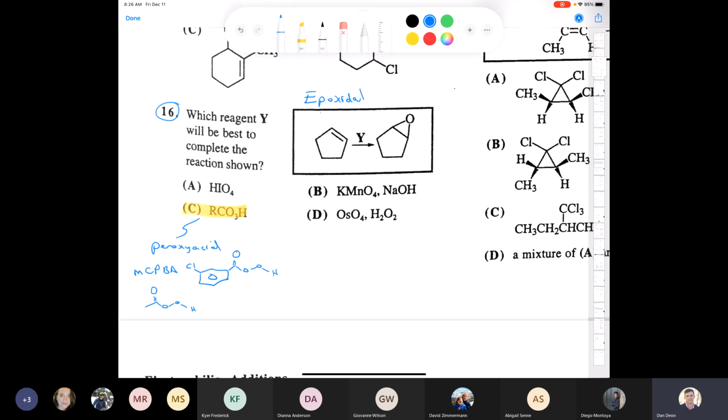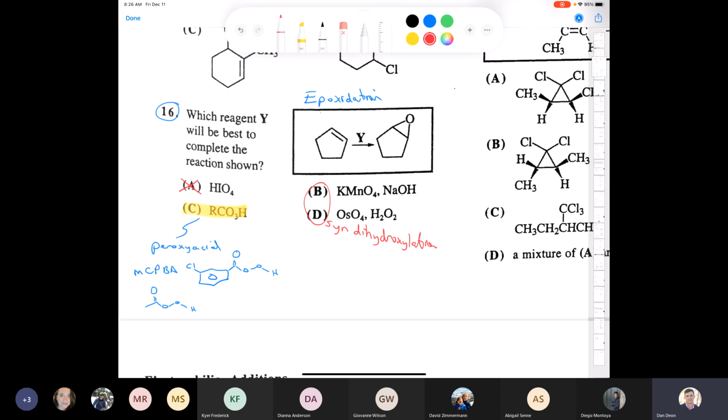If you need to look that up, what are the problems with the other ones? Periodic acid, we never even looked at that in our class. If you look at these 2 here, these are both involved in syn dihydroxylation, aren't they?